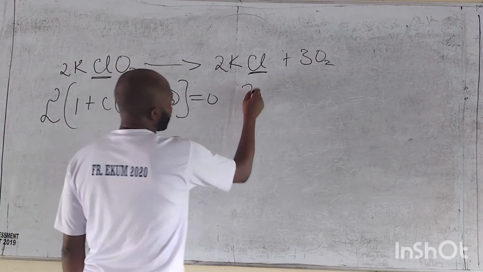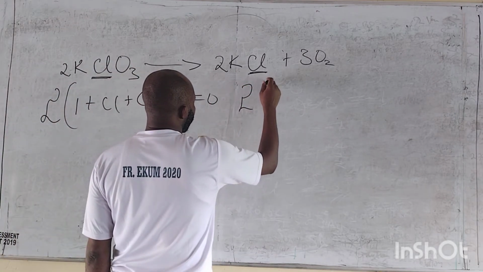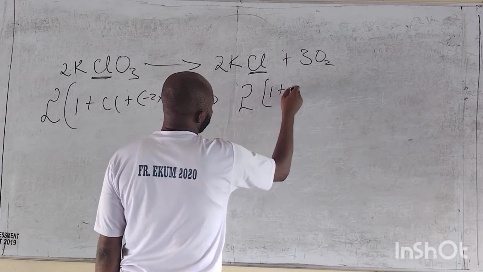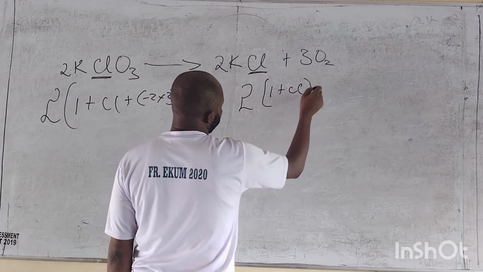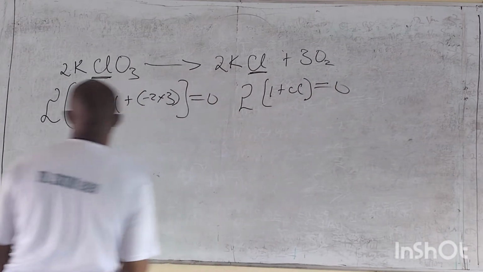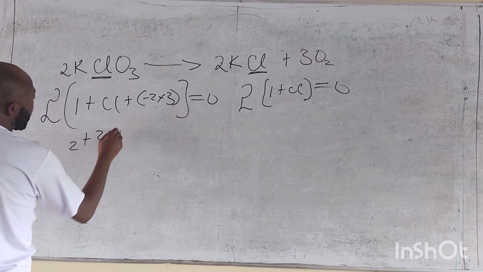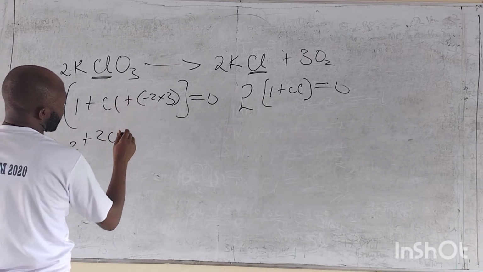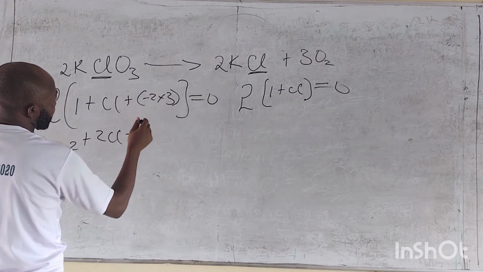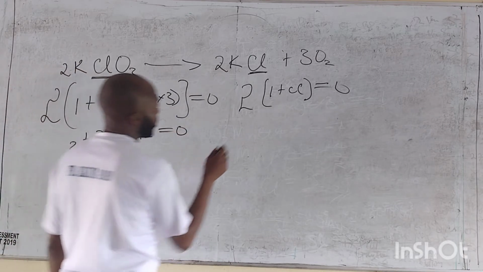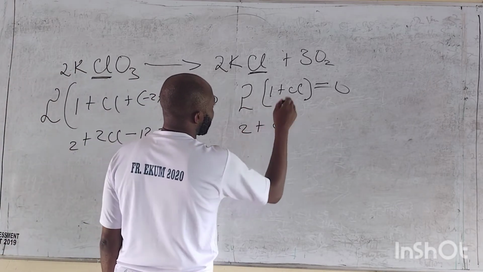This side is 2, open bracket, 1 plus chlorine, close bracket, equals 0. This is 2 times 1, 2 plus 2Cl, plus times minus is minus, 2 times 3, 6 times 2, 12, all equals 0. This is 2 plus chlorine equals 0.